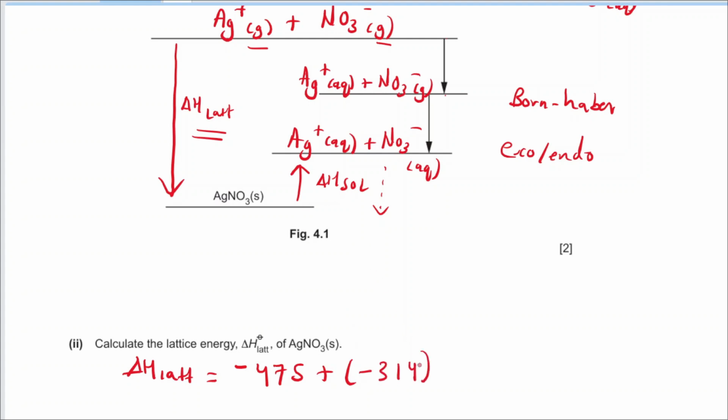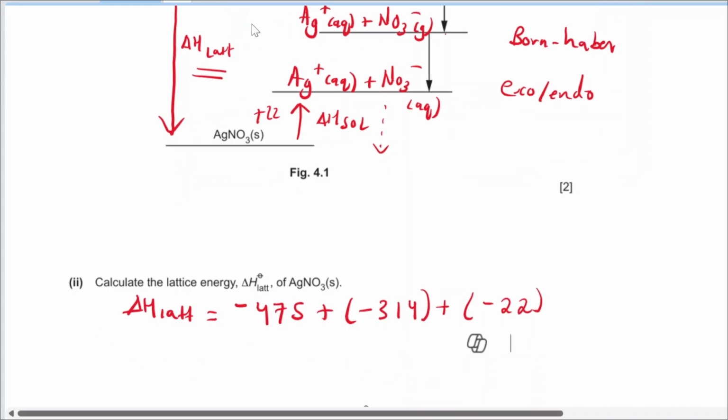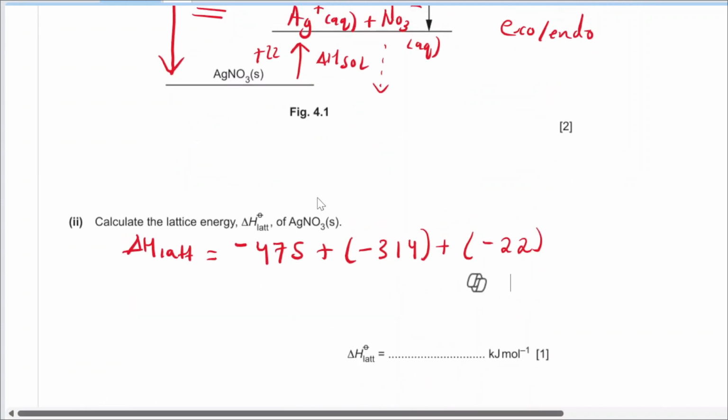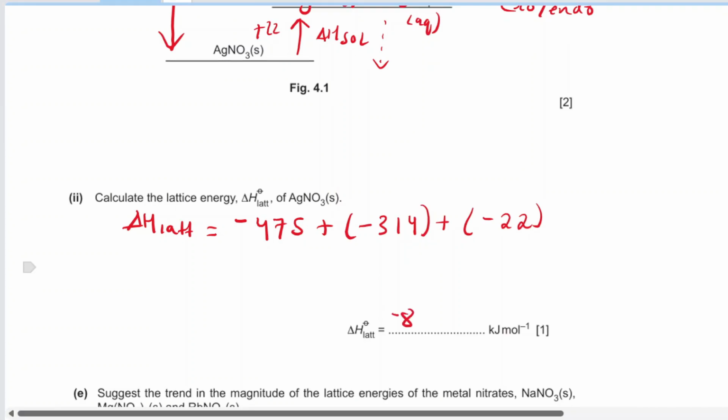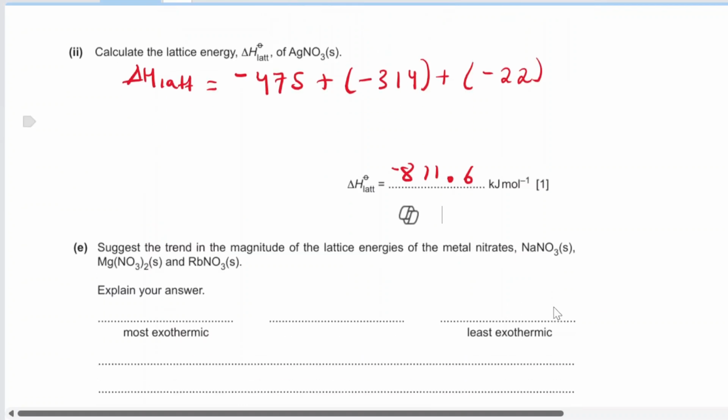Now the next one, because this arrow is going up, the value was positive 22, but we are going down, so we will keep a negative here, negative 22. And when you do the math here, you'll get the answer as negative 811.6. Right? Let's go to the next one.